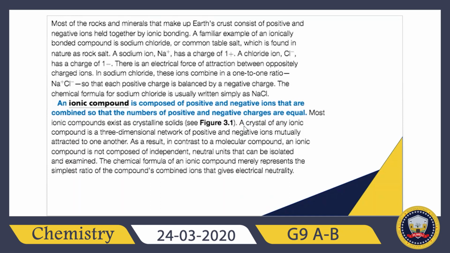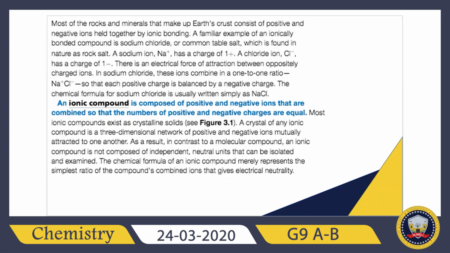As a result, in contrast to a molecular compound, an ionic compound is not composed of independent neutral units that can be isolated and examined. The chemical formula of an ionic compound merely represents the simplest ratio of the compound's combined ions that gives electrical neutrality. Okay, so please focus now.